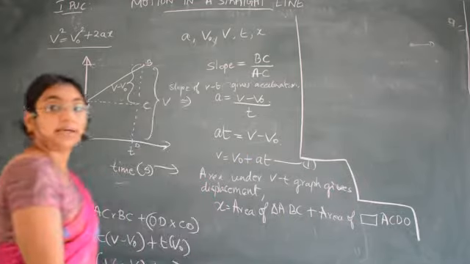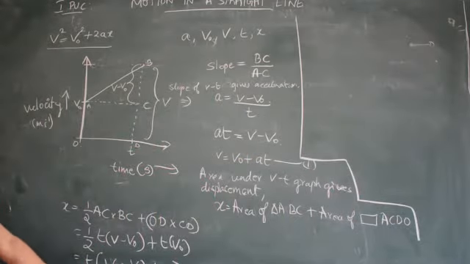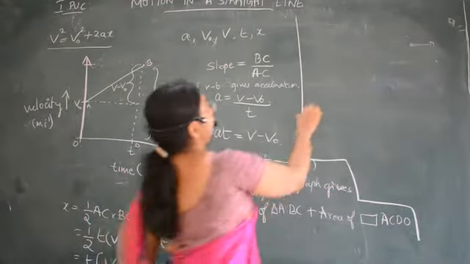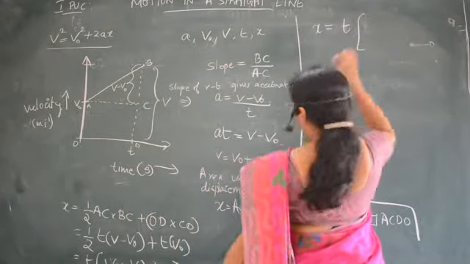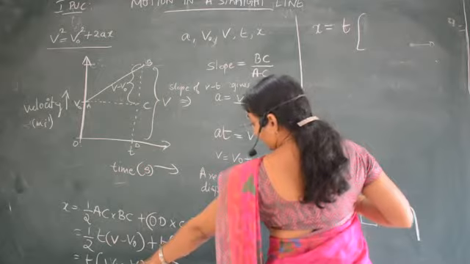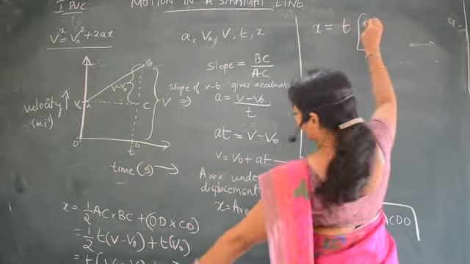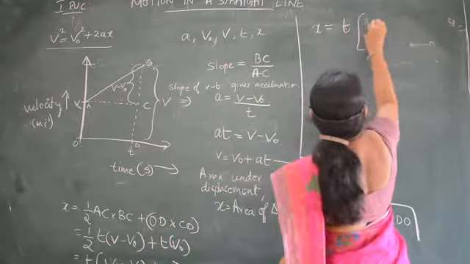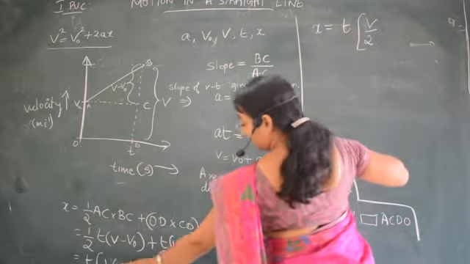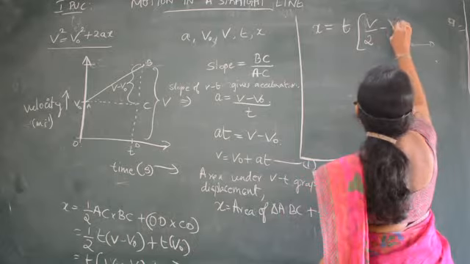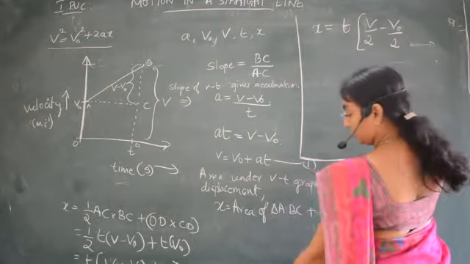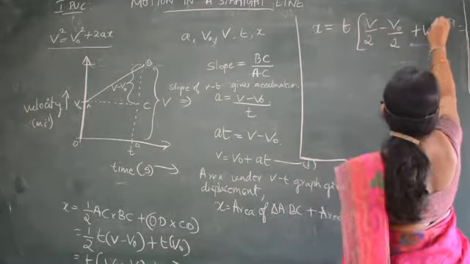See, after this step, x is equal to T, open the bracket, V, see here, I will write it clearly, V by 2, half into V is V by 2, half into minus V naught is minus V naught by 2 plus V naught.